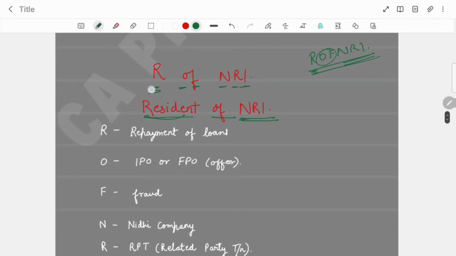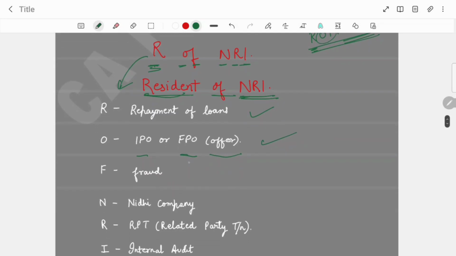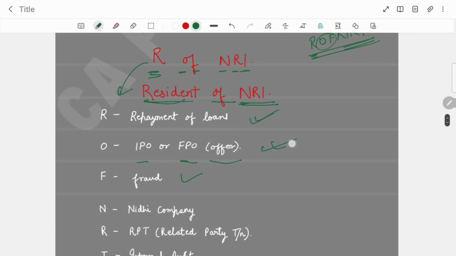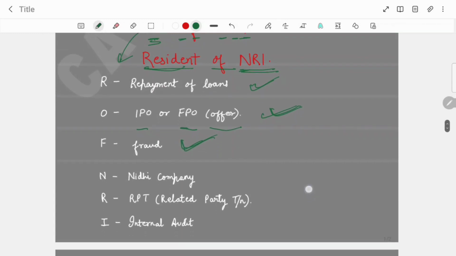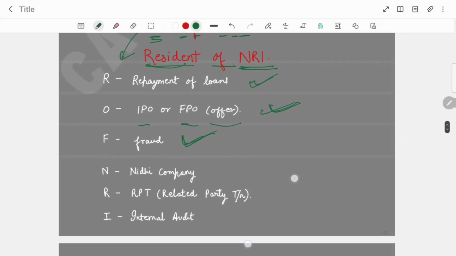Now from this first R, it will be repayment of loans. From O it will be offer, that is initial public offer or further public offer. From F it will be easy to remember, fraud. So R resident of: from R repayment, O public offer, F fraud. Now NRI, that is non-resident of India.